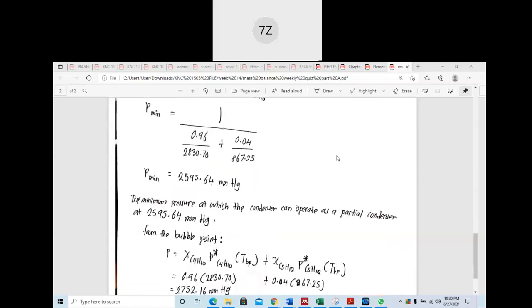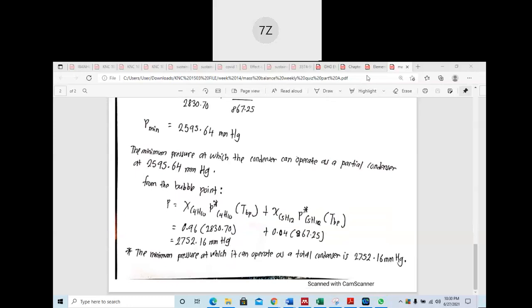Next, we use the bubble point. The general formula for the bubble point is the summation, the total of the pressure that we got from the C4H10 and C5H12. So here is the mole composition multiplied with the vapor pressure at the temperature of 40 degrees.